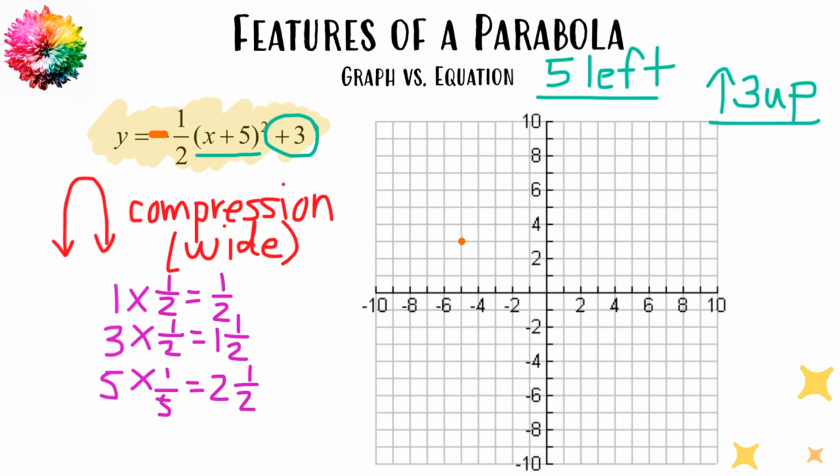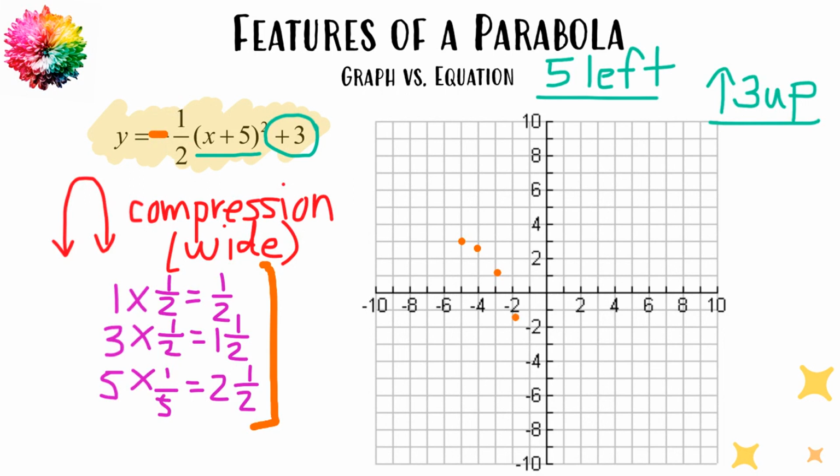So we're going to go 1 to the right, and then we're not going to go up, we're going to go down. And how much are we going to go down? Well, we need to look at these numbers to figure that out. So we're going to be going 1 unit to the right, down a half. And it's going to be a little bit hard. Hopefully yours on paper is going to be a little bit easier to draw. There we go. Then I'm going to go 1 to the right, down 1.5, and 1 to the right, down 2.5.